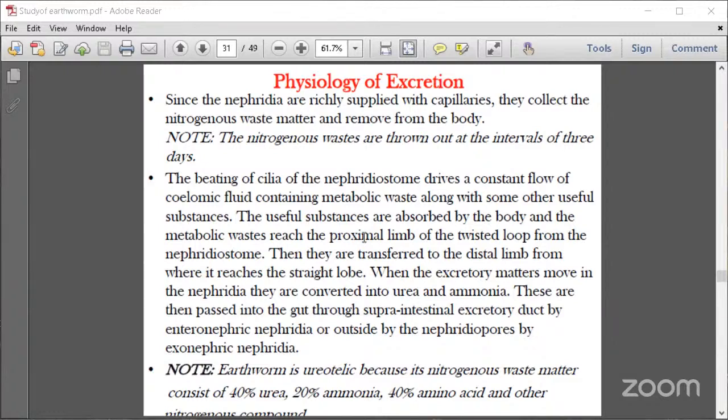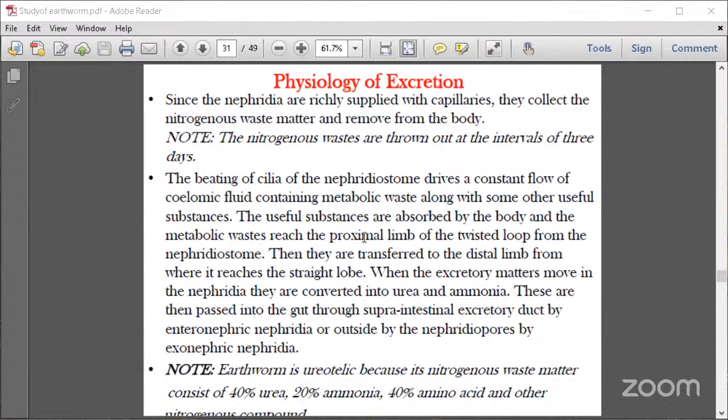When the excretory matter moves in the nephridia, it is converted into urea and ammonia, which pass into the gut through the supraintestinal excretory duct by enteronephric nephridia, or outside by the nephridiopores by exonephric nephridia.